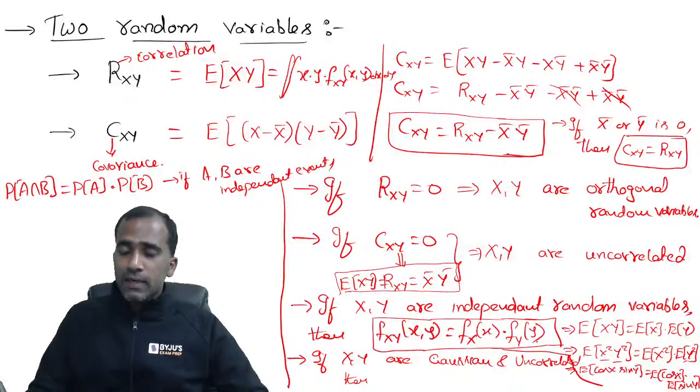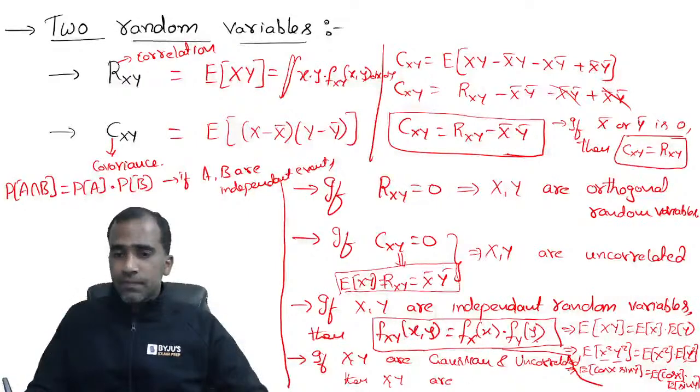But if they are uncorrelated and both the random variables are Gaussian, then x comma y are also independent. This is the only special case: for Gaussian random variables, if they are uncorrelated, they are also independent.